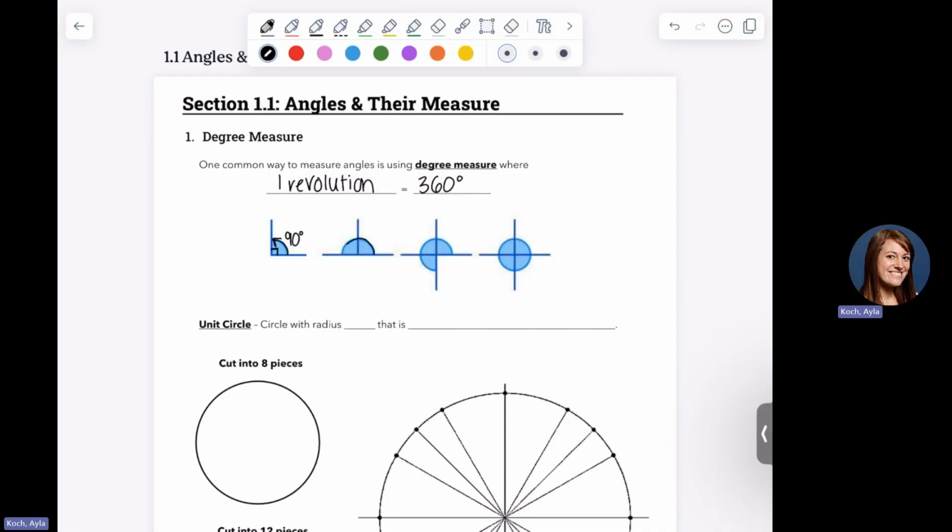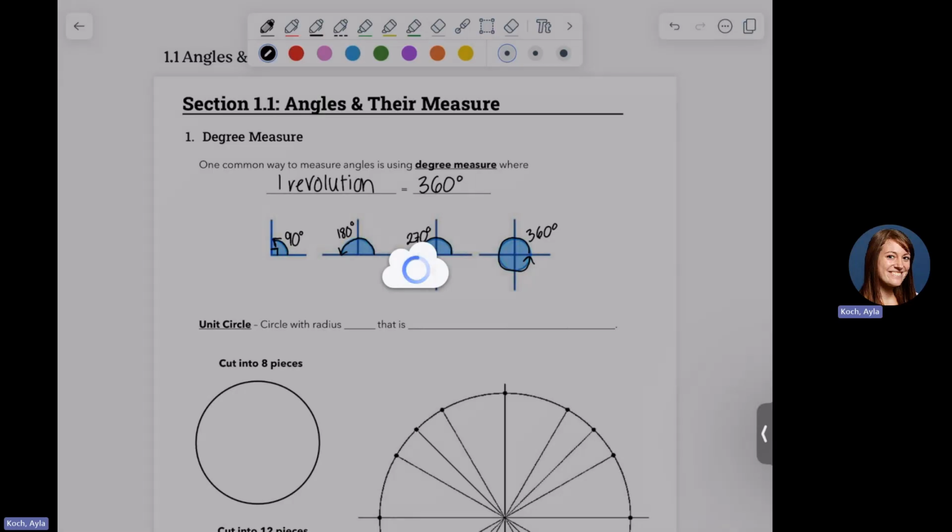If we start here and go like a half circle, that's 180 degrees, half of a revolution, half of 360. A 3/4 turn all the way down to there is a 270-degree angle. And if we go all the way around and make a full circle, we've gone 360 degrees. So that's how we define what degree measures are.